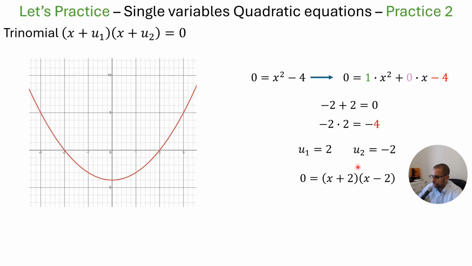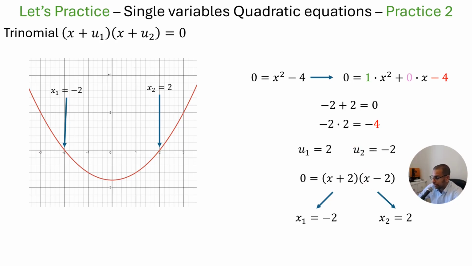After we identified u1 and u2, let's build the trinomial together and demand what we want for the equation to be true, meaning that this side should be 0. So let's demand x plus 2 is equal to 0. We're going to get x equal to -2. And let's demand x minus 2 equal to 0. And then we're going to get x equal to 2.